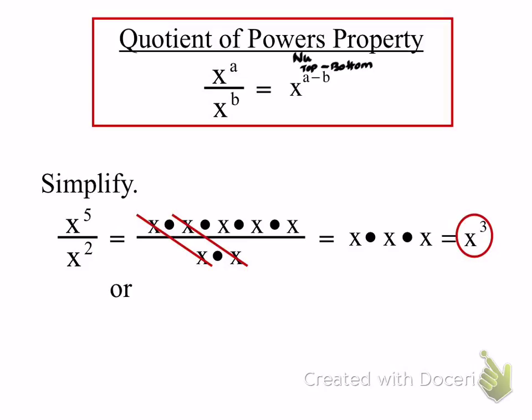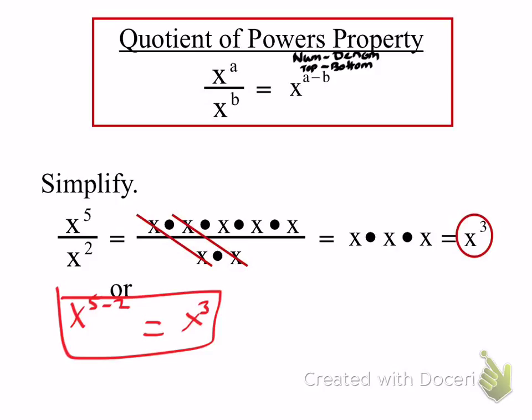So if I take this x to the 5th minus the denominator power, we end up with x to the what? X to the 3rd. Now, I'm not really a big fan of this method because it doesn't help us to build what we need for algebra.